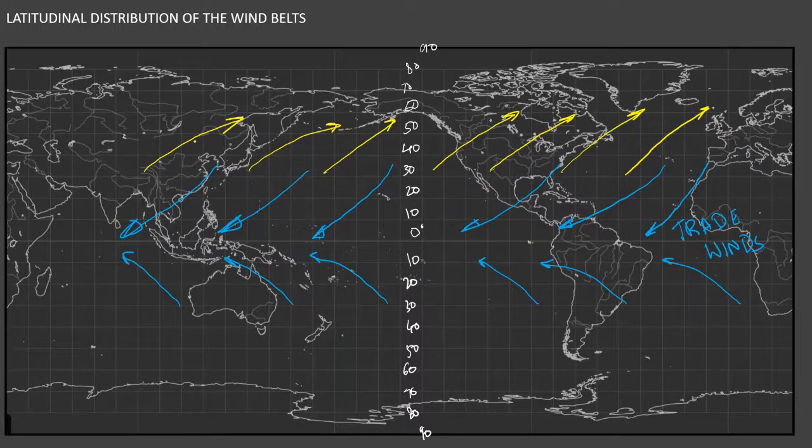This way. And similarly over here, in this way. So these yellow colored lines, they mark the westerlies.